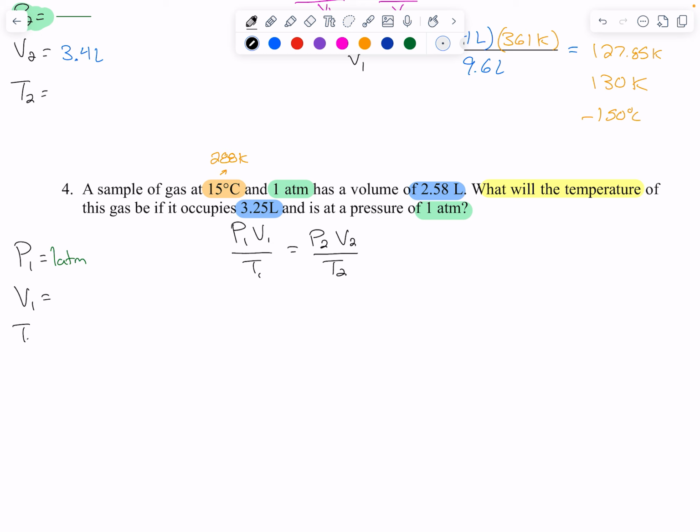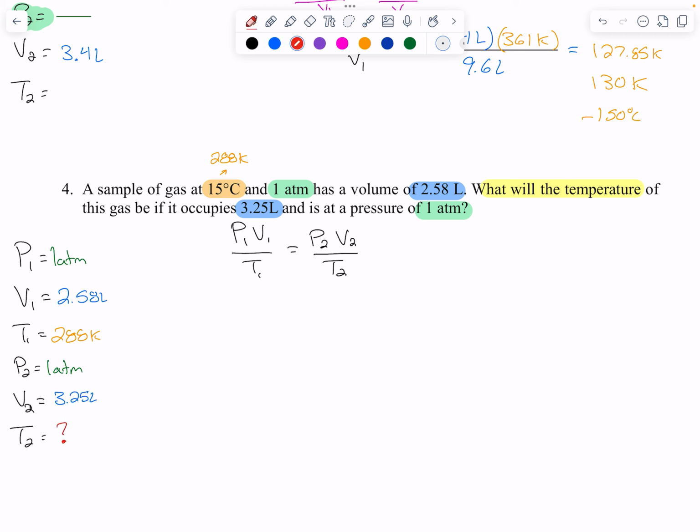Volume, temperature, pressure, volume, temperature. So V1, 2.58 liters. T1, 288. P2 is still 1 atmosphere. V2 is 3.25 liters. And T2 is our question mark.